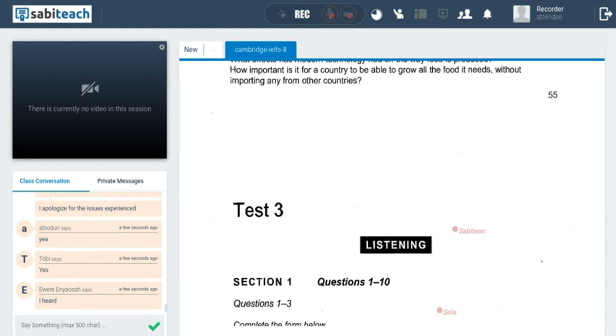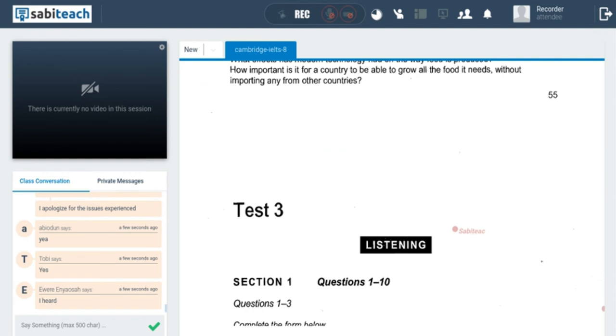Published by Cambridge University Press. This recording is copyright. CD2. Test 3. You will hear a number of different recordings, and you will have to answer questions on what you hear. There will be time for you to read the instructions and questions, and you will have a chance to check your work.